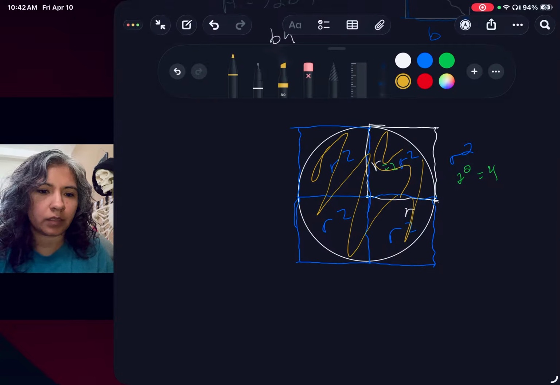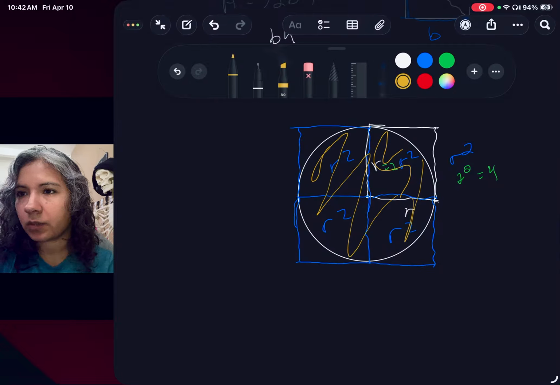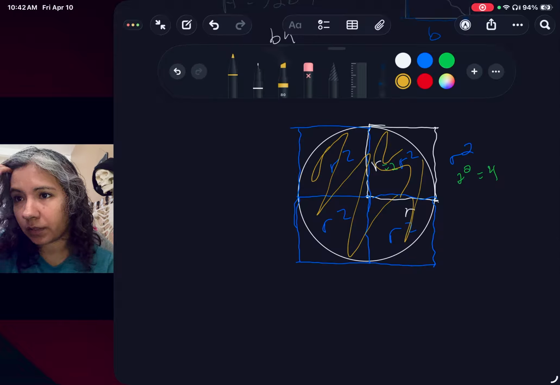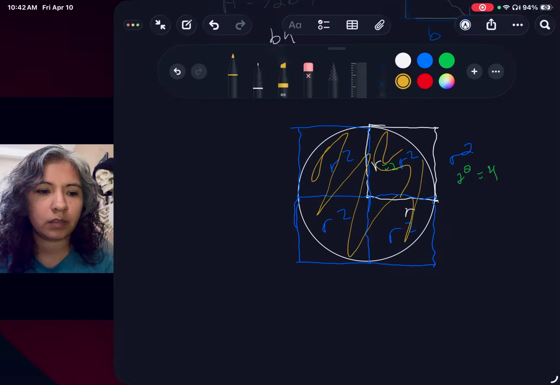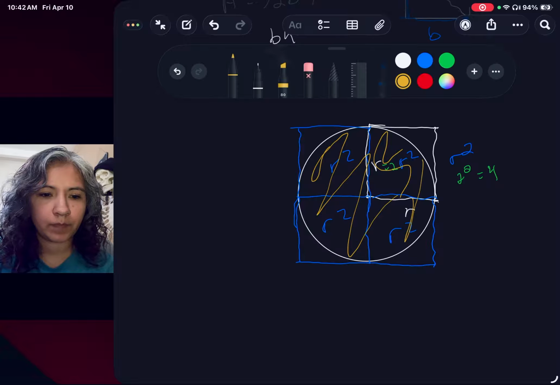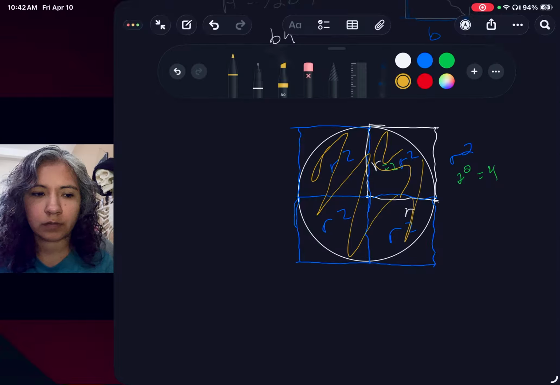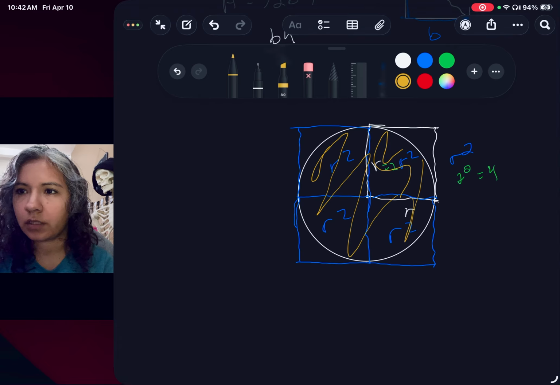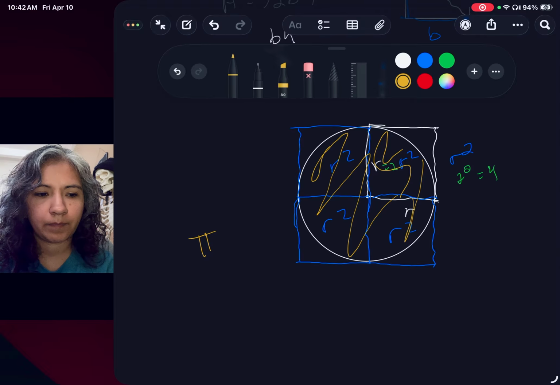But the area of the circle is more than the area of 3 squares. So the area of the circle is between 3 and 4 squares. The exact number is pi.